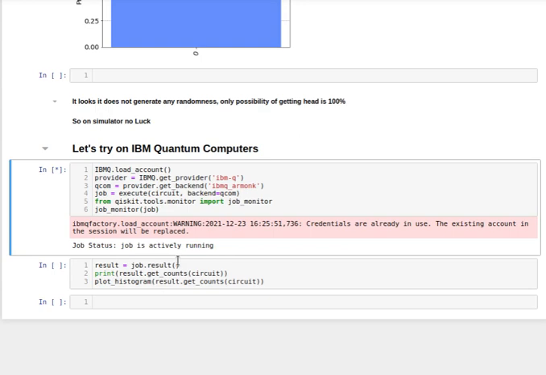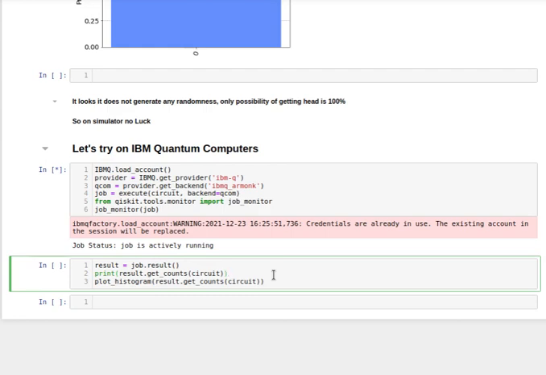So finally the job is actively running here. Come on, you are quantum computers, you can't be so slow. I'm sorry, it's not about being slow. There are many other users out there who are executing their jobs. So finally it runs successfully here.